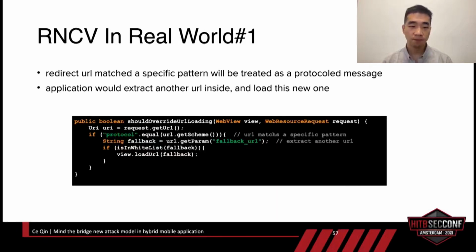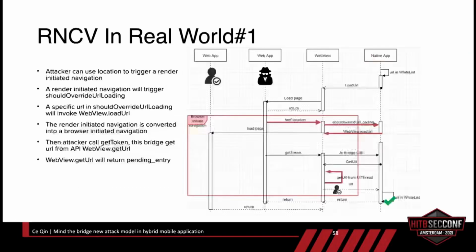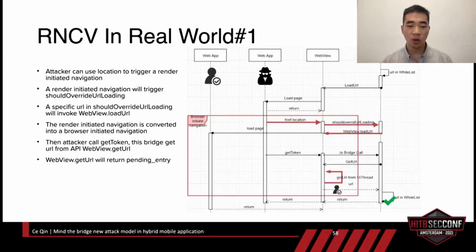In the demo code, if the request URL matches the scheme protocol, it will be treated as a protocol message and take the parameter fallbackUrl as a new target. The attacker can use location to trigger a render-initiated navigation. A render-initiated navigation will trigger shouldOverrideUrlLoading. A specific URL in shouldOverrideUrlLoading will invoke webview.loadUrl.